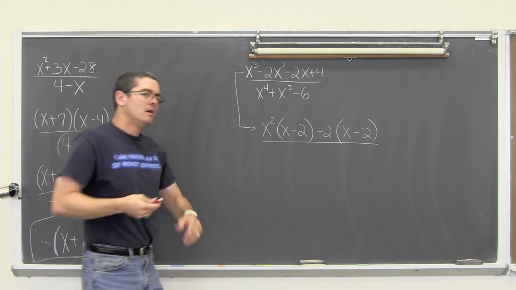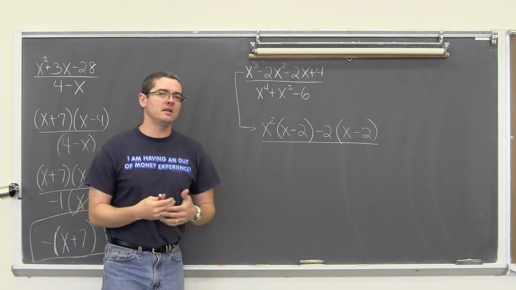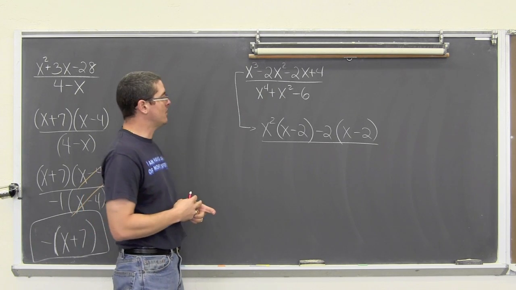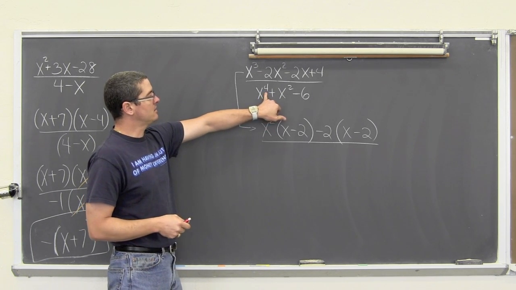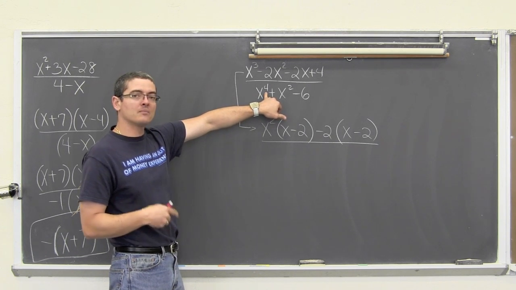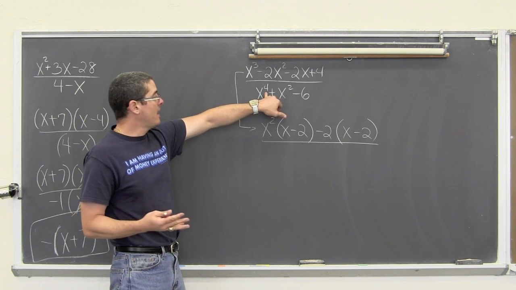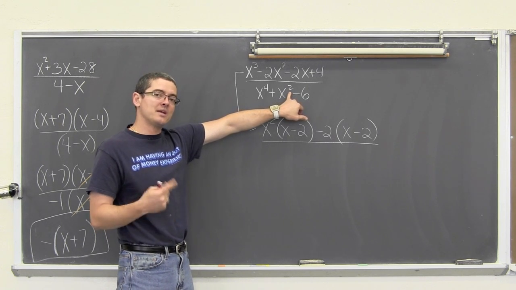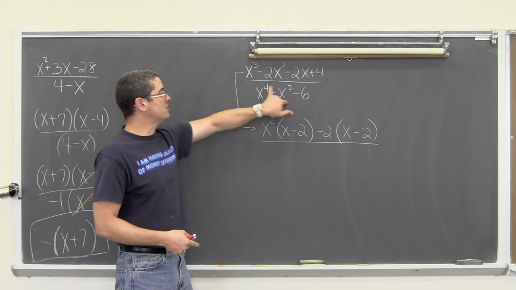Well, now, if you've been watching my videos, I've done this as an example in past videos, so hopefully you know what's going on here. We have a power, a degree, which is even. And then we have a middle term whose degree is half of the original term.